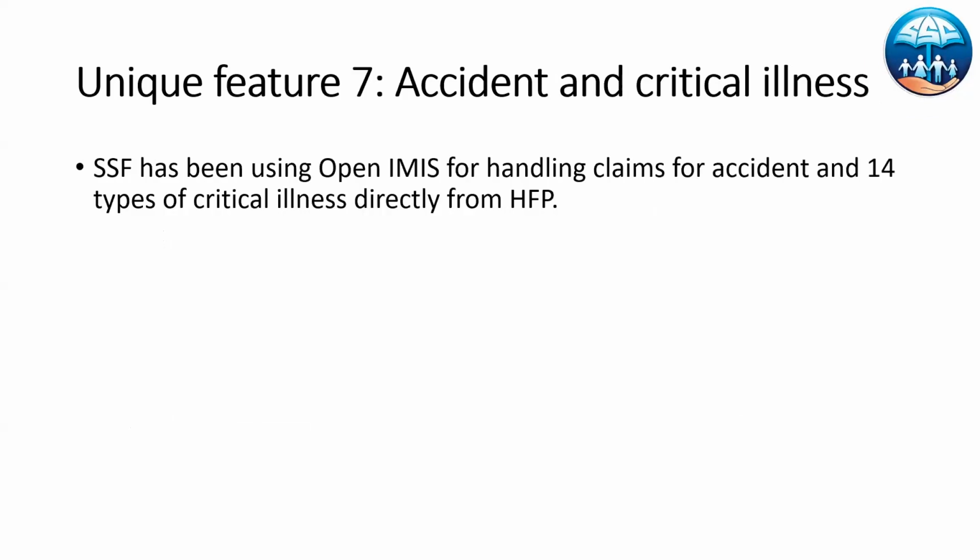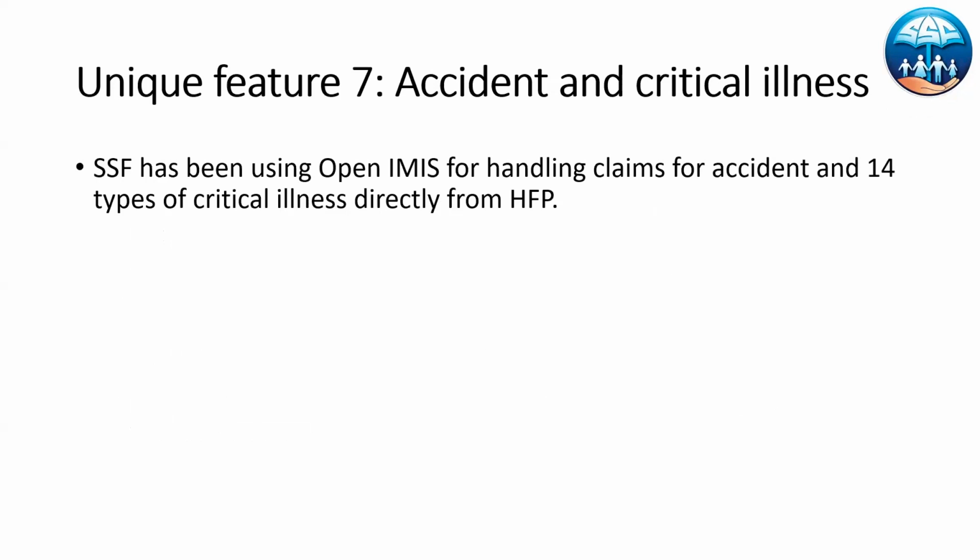For information, we have also been using accident and critical illness benefits in our OpenEMIS. We are using ICD codes, both ICD 11 and ICD 10, in our system. With that, we can easily distinguish the type of claims, accident, medical and critical illness, and manage them that way.